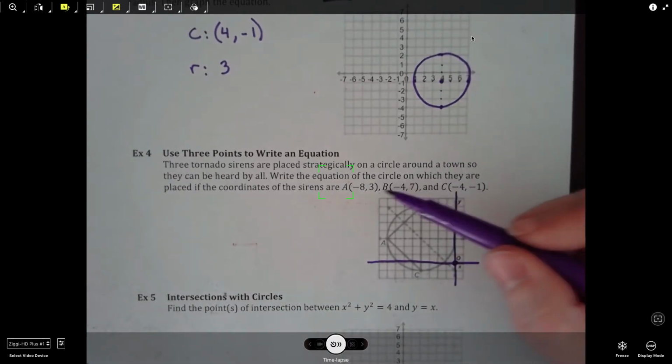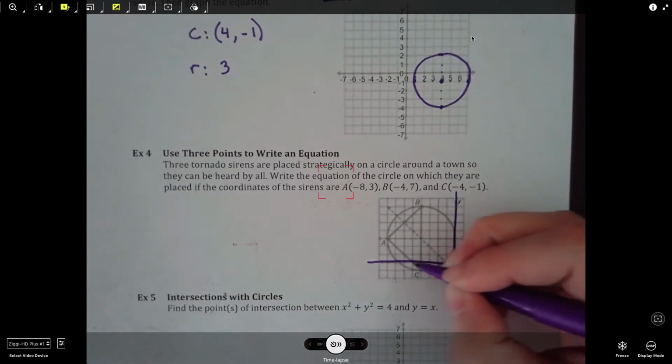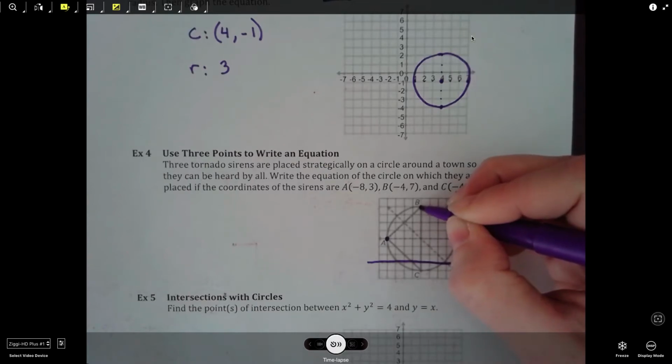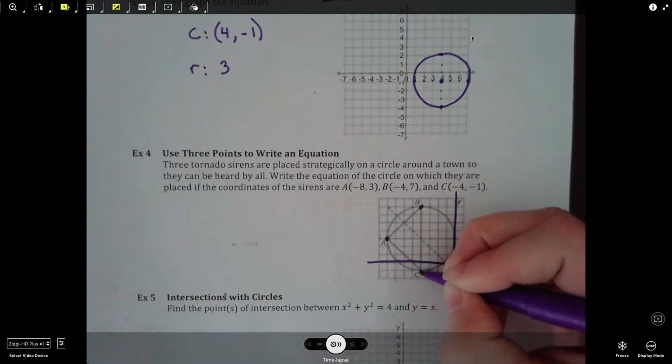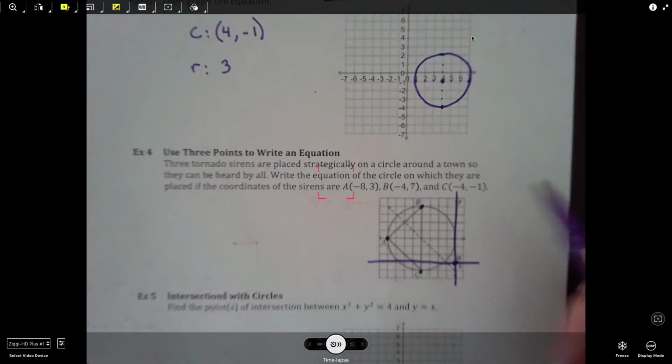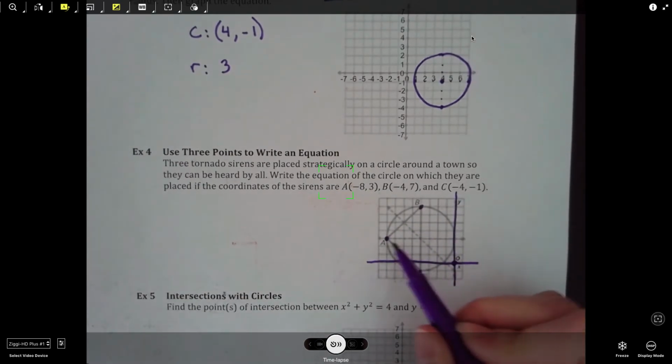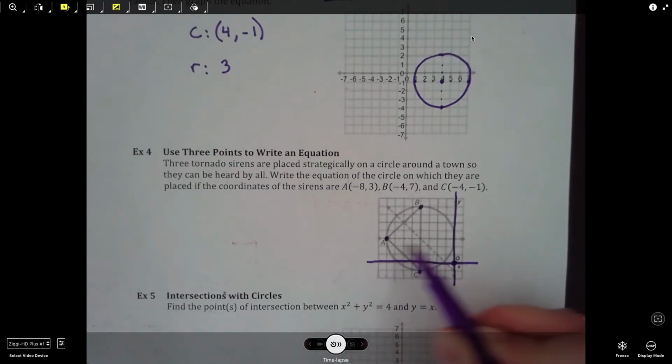So -8, 3 is where A is at. B is at -4, 7. And C is at -4, -1. Okay? So we use those 3 points. We draw a circle, which I already have given to you. But we kind of look at where they cross each other, where they're going to form a circle.